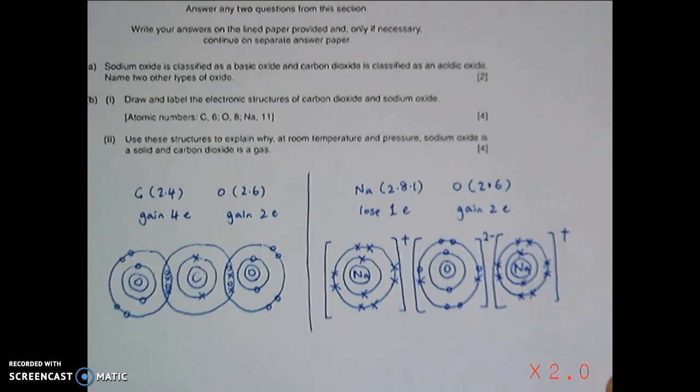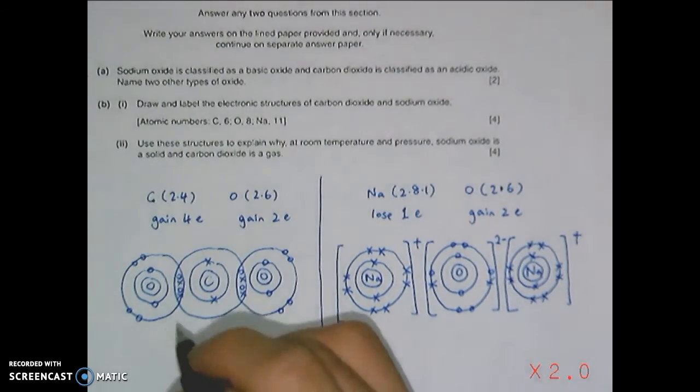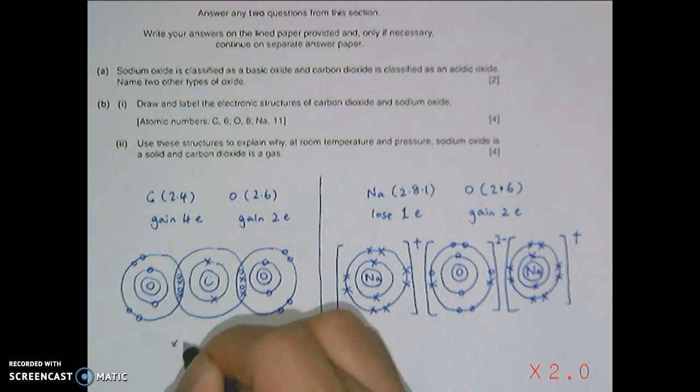Now it is good to include the key for both dot and cross diagrams, so I'm going to write it here.